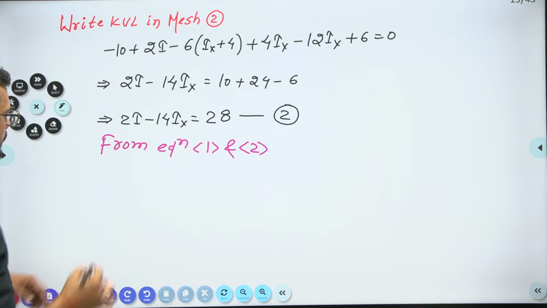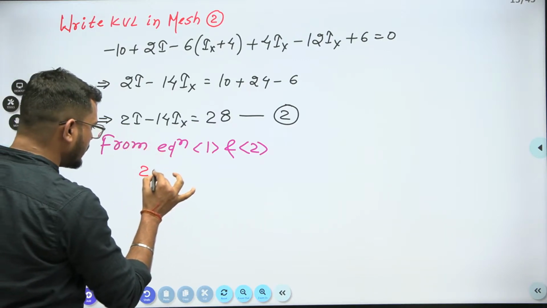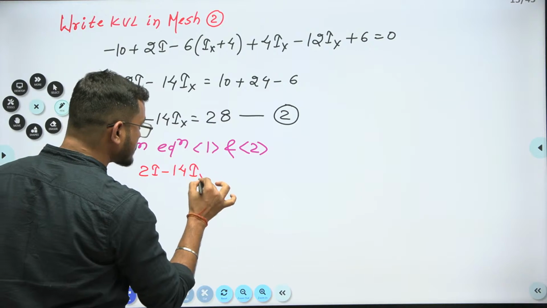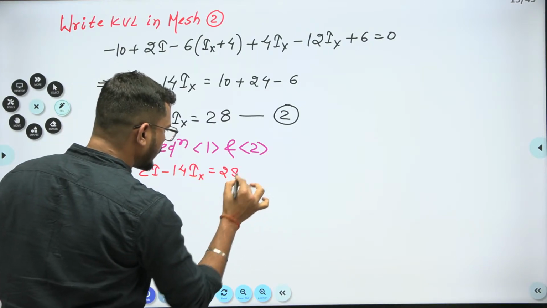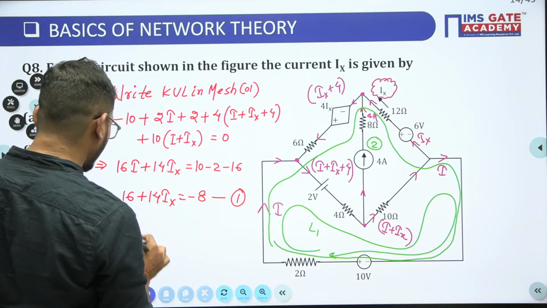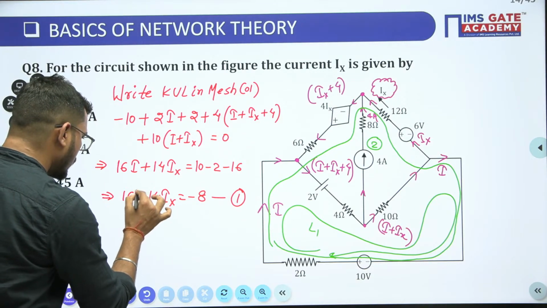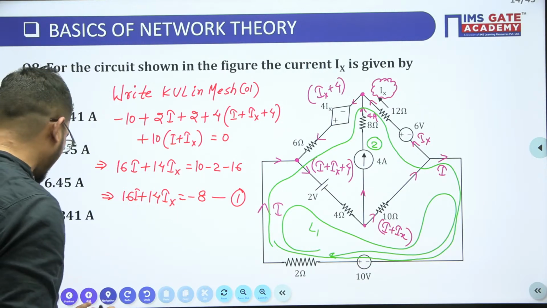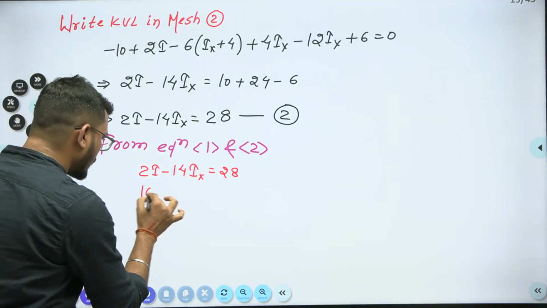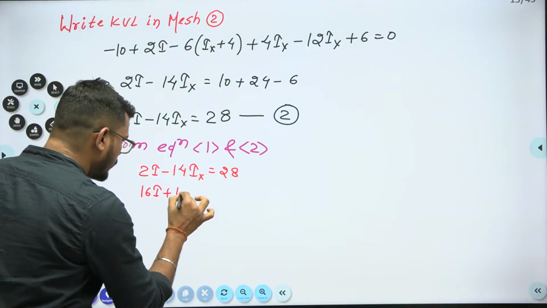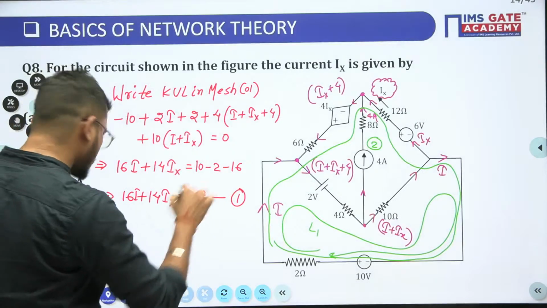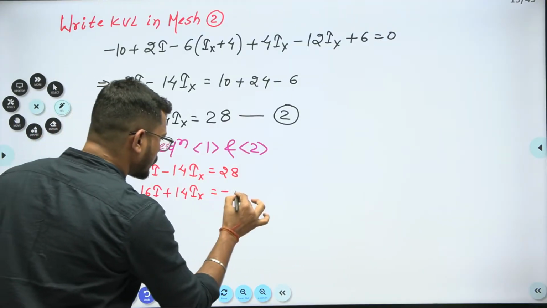We can write 2I minus 14 times Ix is equal to 28, and in equation 1 we have 16I plus 14 times Ix, and this is equal to minus 8.